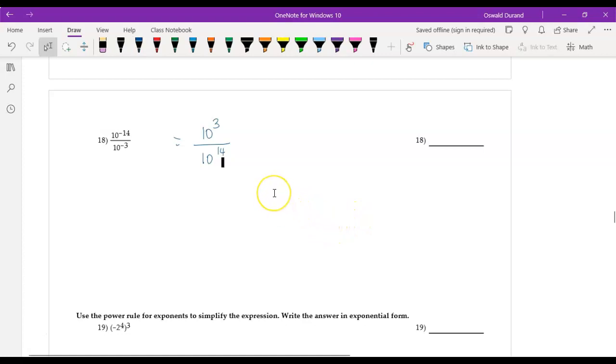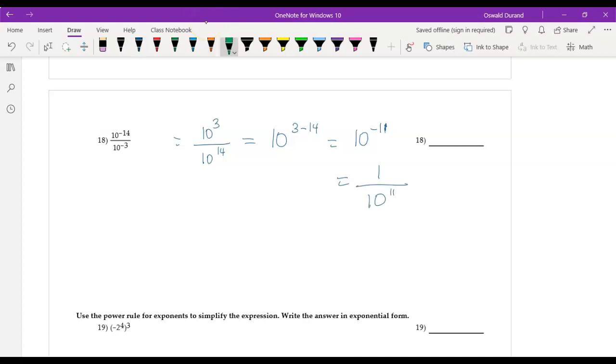That's one way of doing it. Because they have the same base, I can write it as 10 to the power of 3 minus 14, equal to 10 to the power of negative 11. And at the end, I need to put this as a positive exponent, so it becomes 1 over 10 to the power of 11. That's one way of doing it.